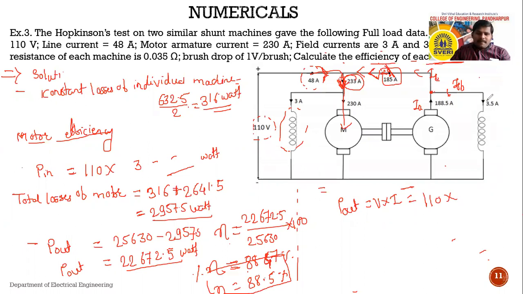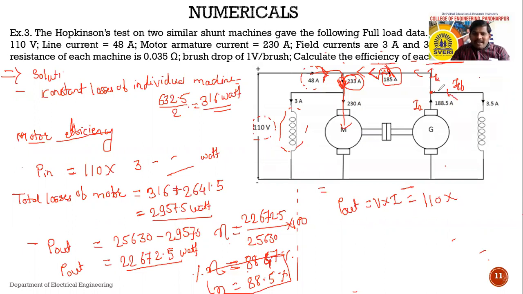Output current of the generator, whether it is 188.5 or whether it is 185. किती output current of the generator? 188.5. 185. 185 येईल ना.